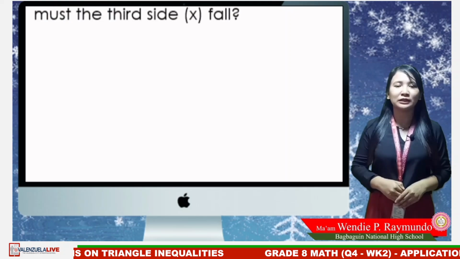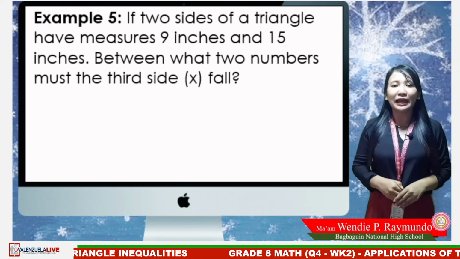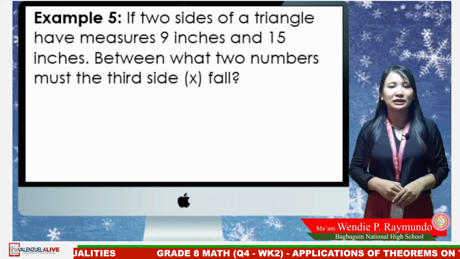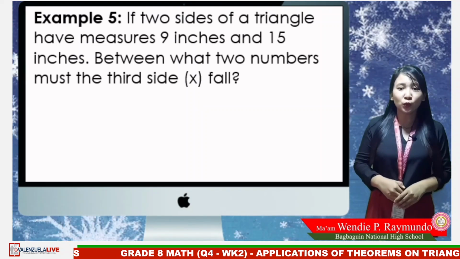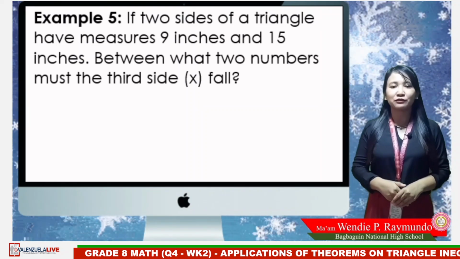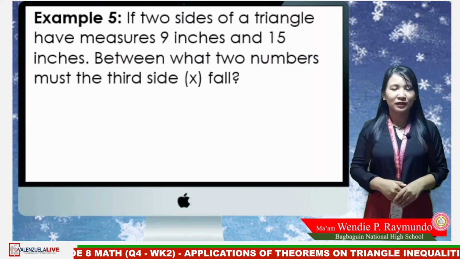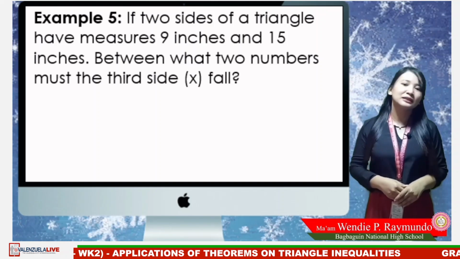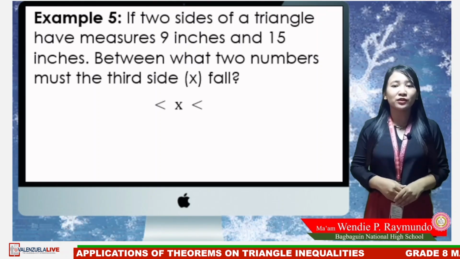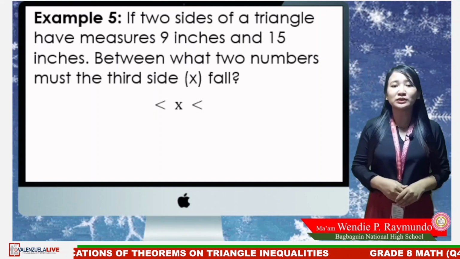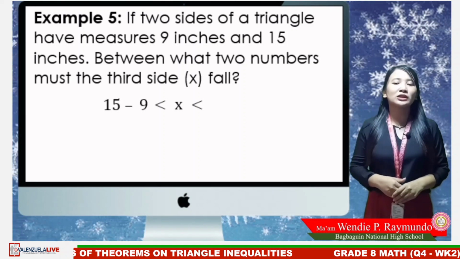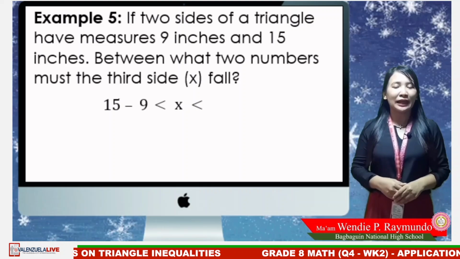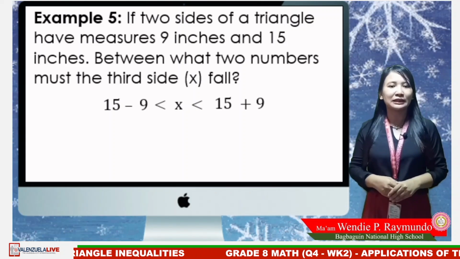Let's have an example. If two sides of a triangle have measures 9 inches and 15 inches, between what two numbers must the third side fall? Using the compound inequality, we have x greater than the difference of the two sides, which is 15 minus 9, but less than the sum of the two sides, which is 15 plus 9.